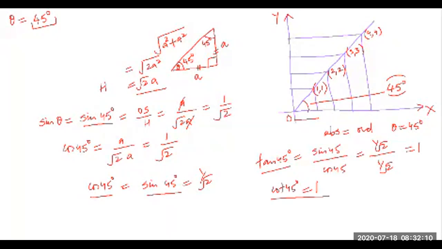So students, secant 45 is the reciprocal of cos 45, will be equal to under root 2, which will also be equal to cosecant 45. Why? Because cosecant 45 is the reciprocal of sin 45. So the ratios for 45 degree, all ratios are also clear.